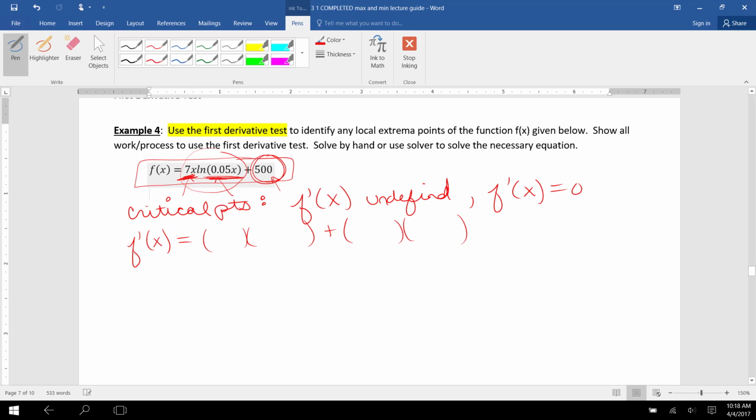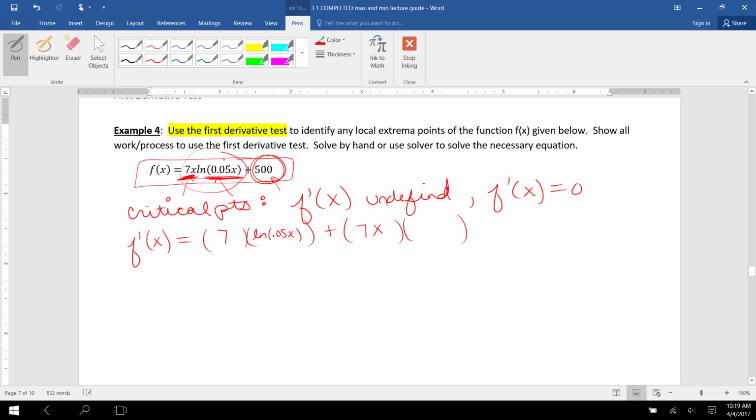So the derivative of 7x is 7 times the original second function, ln of 0.05x, plus the original first function, 7x, times the derivative of ln of 0.05x. The derivative of ln of 0.05x is going to require the chain rule.